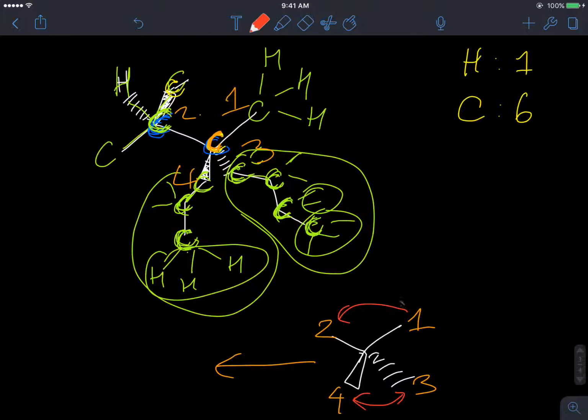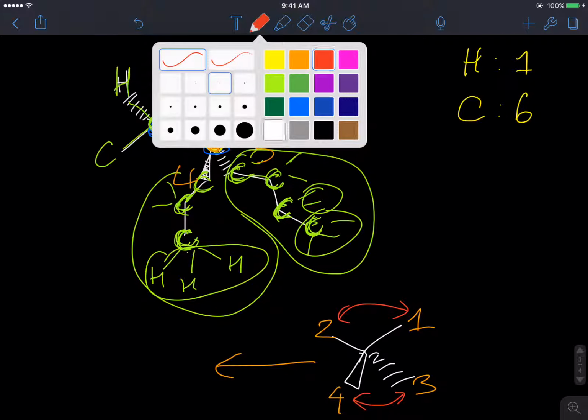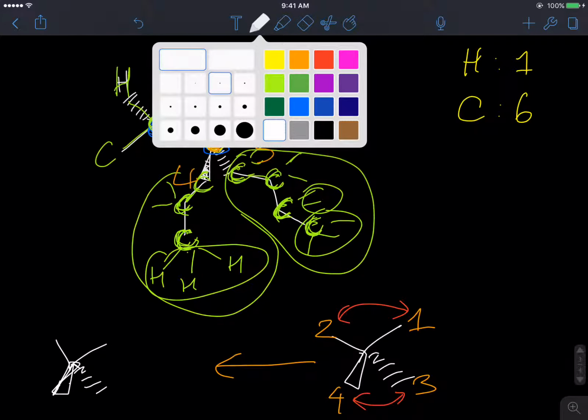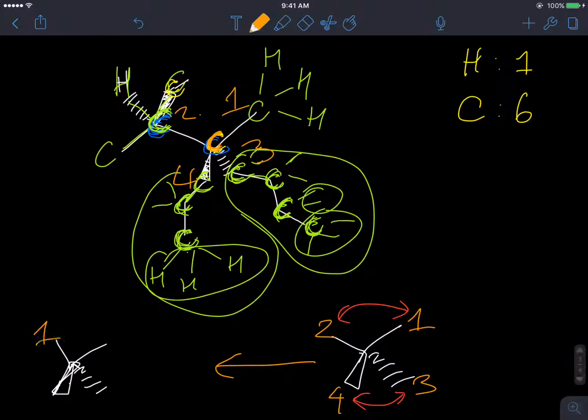And 1 has to switch with 2 as well. So it's a 1, 2, it's a 4, and 3. Don't worry about 4. So it's a 1, 2, 3, and come back to 1.